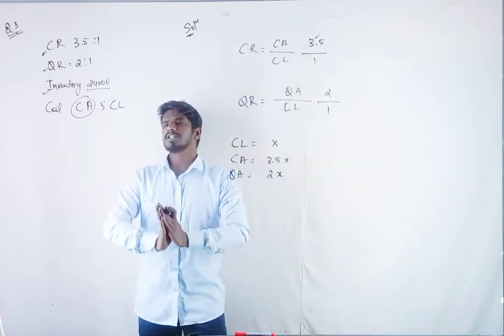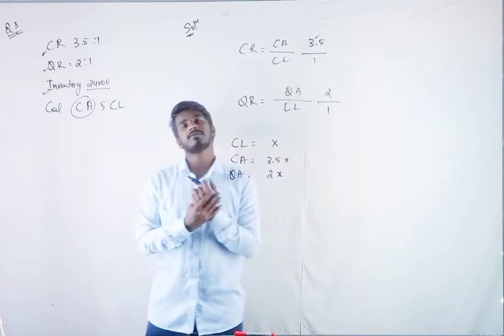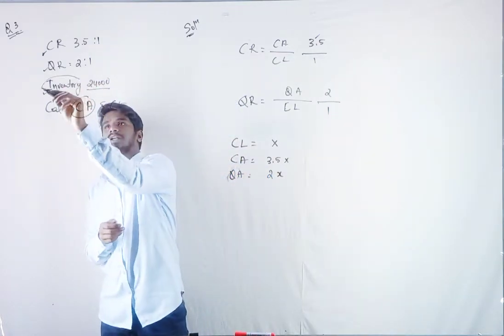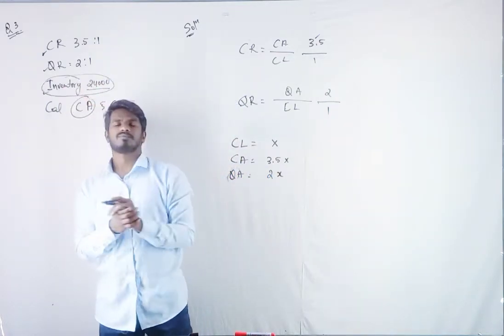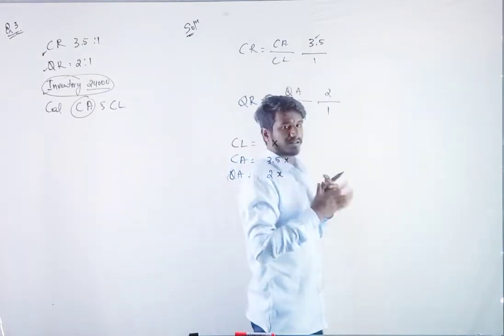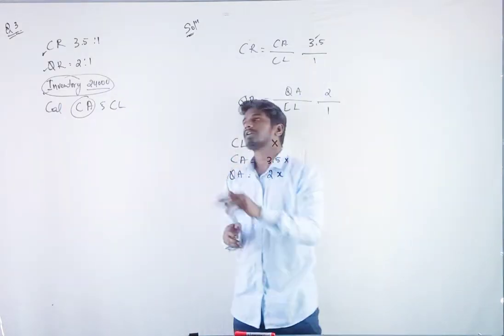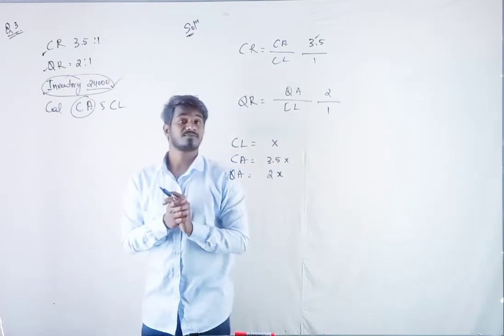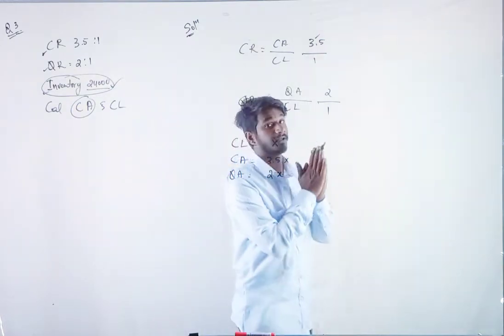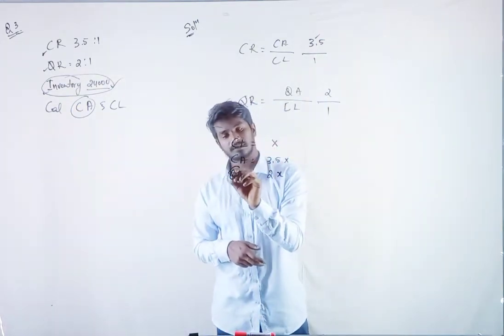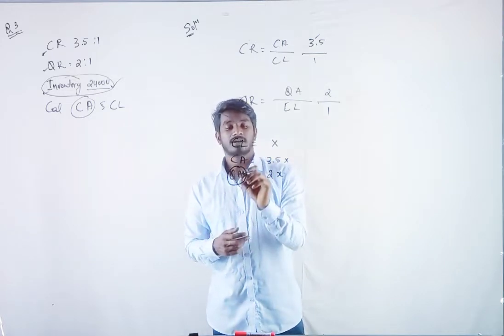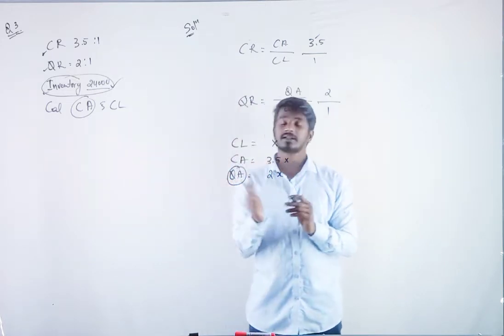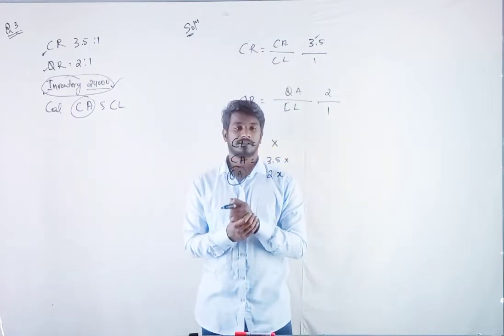So what is the information? The only information they have given is inventory. So somewhere we will use the inventory, in the quick asset. To calculate quick asset we will use the inventory.